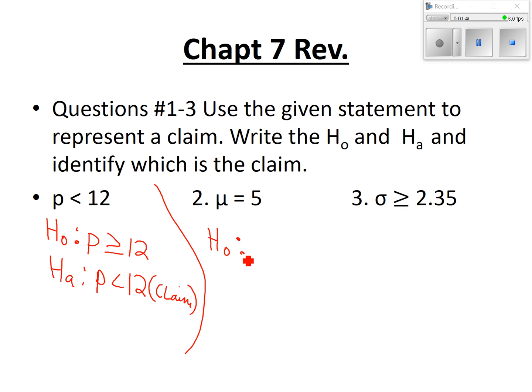HO, HA, what's our HO going to be this time? mu equals 5, that's the claim. Then what's our HA? mu does not equal 5.